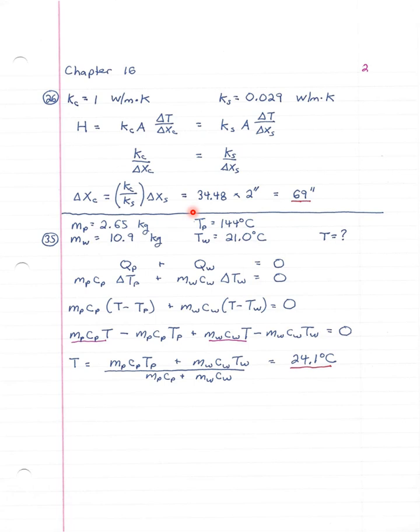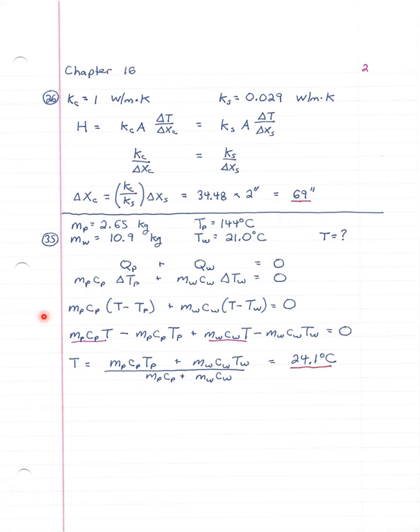So the concrete has 34.48 times the thermal conductivity that styrofoam does, times the 2 inches that is the styrofoam, that's that delta X S. And what we're finding is that for concrete to be as insulating as the styrofoam, it would need to be 69 inches wide. So that's a whole lot of concrete that can be replaced with a mere 2 inches of styrofoam.